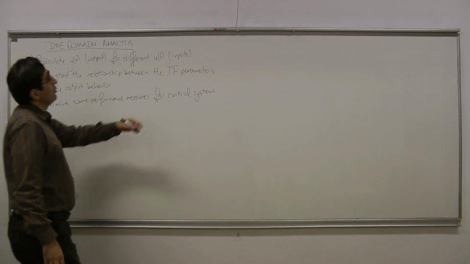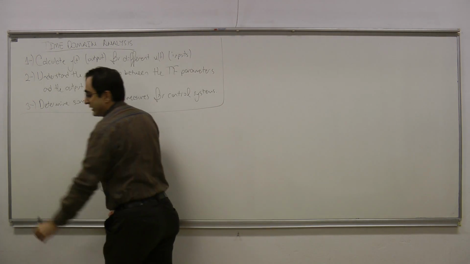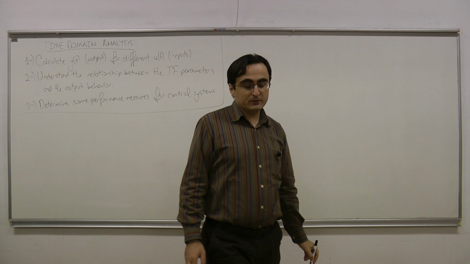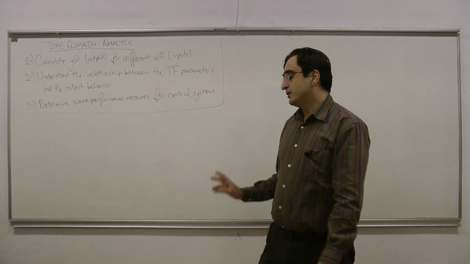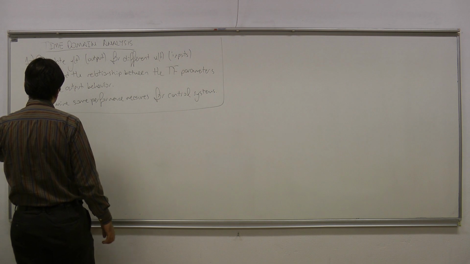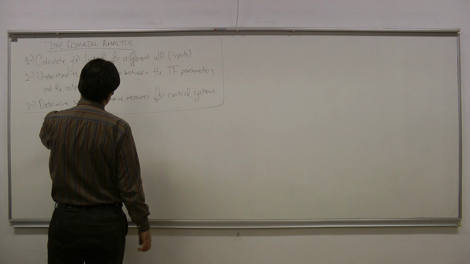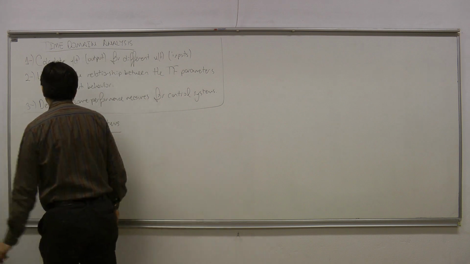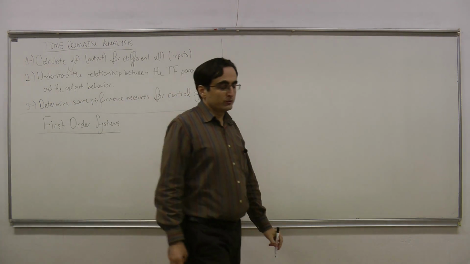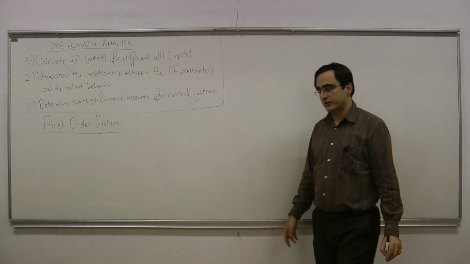But here we are going to go from the simple to the complicated tasks. So the first thing that we're going to consider is going to be the simplest dynamic systems that we can consider, and these are going to be the first order systems. We are first going to consider first order systems, and then we are going to go into the second order systems.